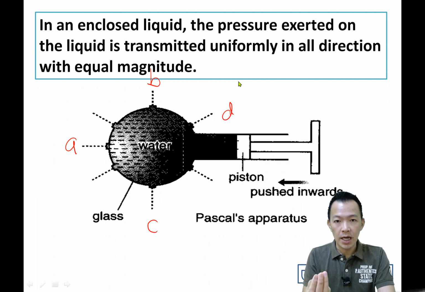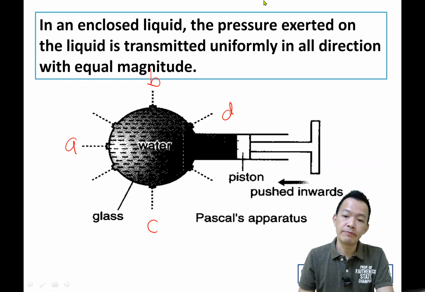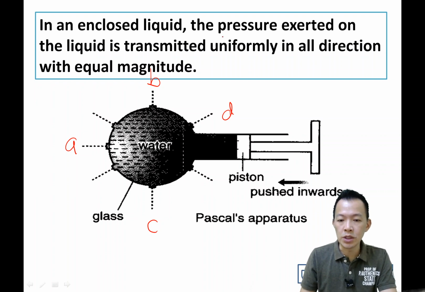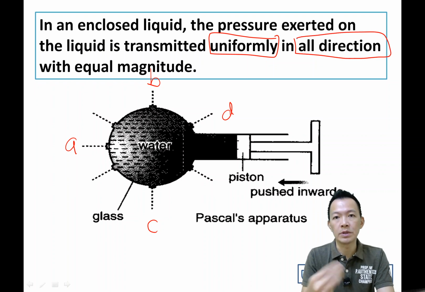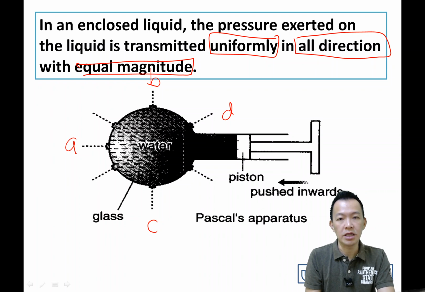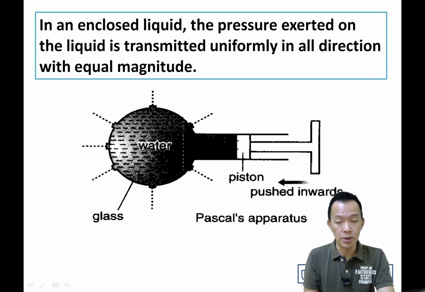So according to the hydraulic principle, Pascal principle, the pressure exerted on the liquid is transmitted uniformly, 很平均的, to all the directions, 散播去全部的方向, with the equal magnitude, 而且它的力度一模一样.